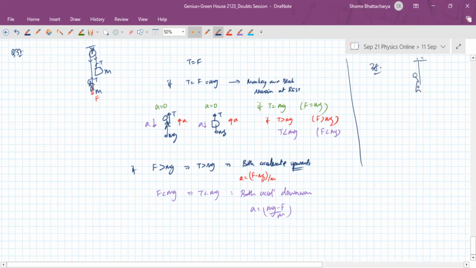On that there is one monkey, which is monkey A, and holding on to his tail, there's another monkey, which is B. The masses are given to us. So 5 kg.